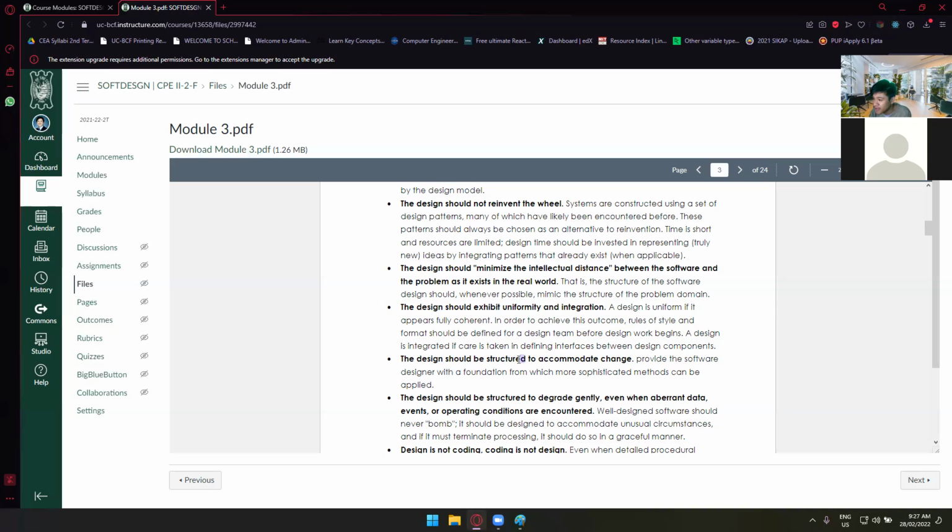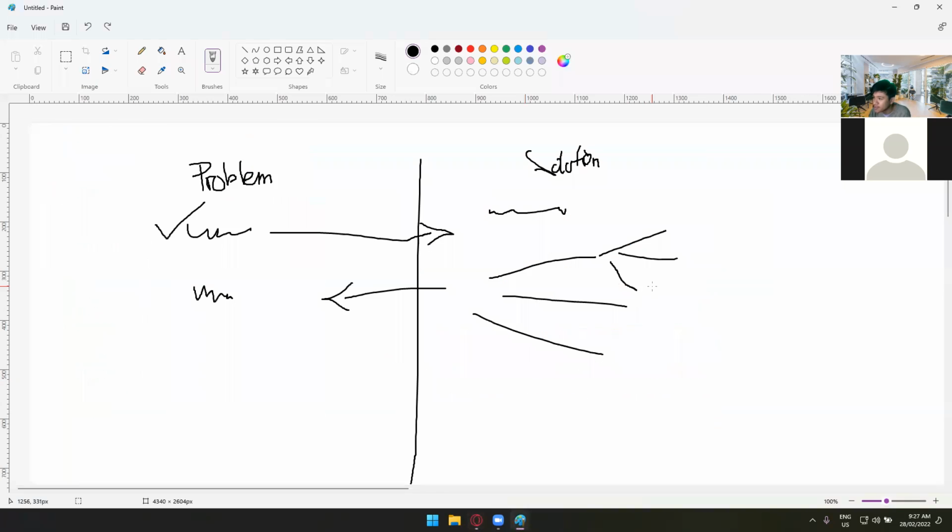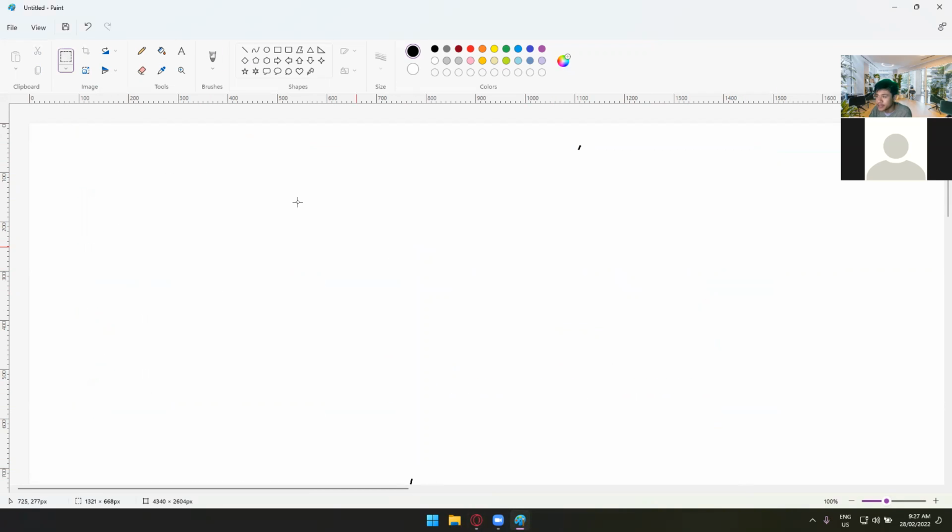So I think this one is also very straightforward when it's structured. So you must have these levels, okay, of let's say problem to solution, wherein it's traceable. That's the main advantage if your way of doing things is structured.